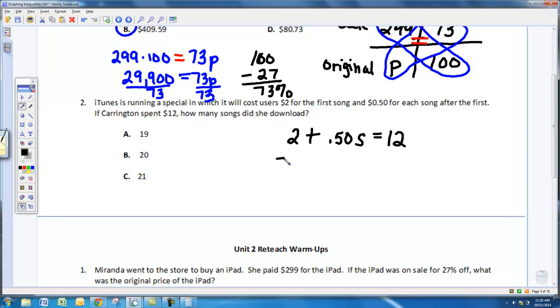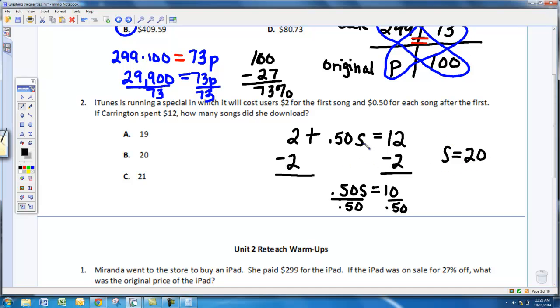Now we need to solve our equation for S. So we'll subtract 2 on both sides. So 0.50 S is equal to 10. Divide both sides by 0.5, and we get S equals 20. What does S represent in this problem?